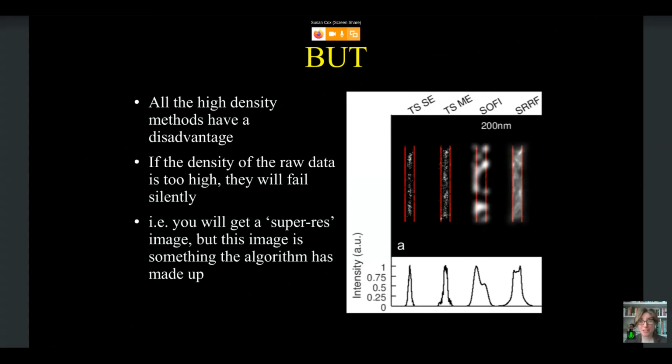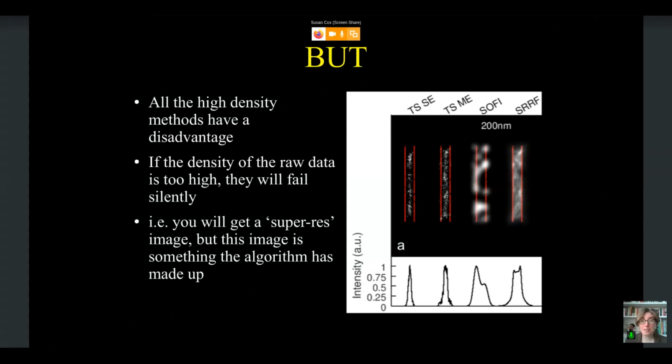But here I've done fitting of this high density data set with ThunderSTORM single emitter, ThunderSTORM multi-emitter, SOFI, and SRRF. But I want to emphasize I'm not picking these methods out in particular. I just used those because they were popular examples in their respective areas. It absolutely happens with the other methods that we've tested. It just might happen at a different density.